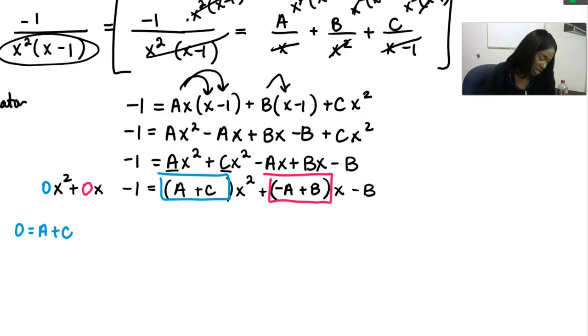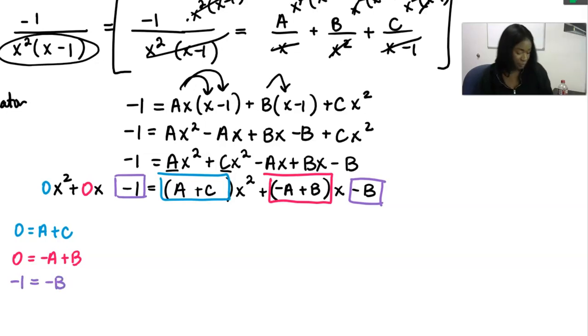So it must be that 0 is equal to negative A plus B. And then for our constant term, we have a negative B on the right side and a negative 1 on the left side. So negative 1 is equal to negative B.